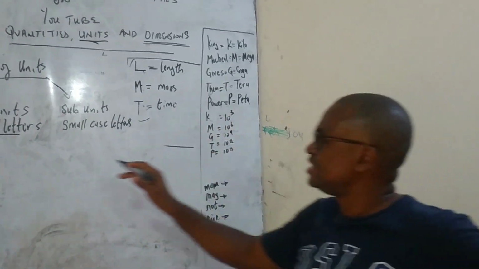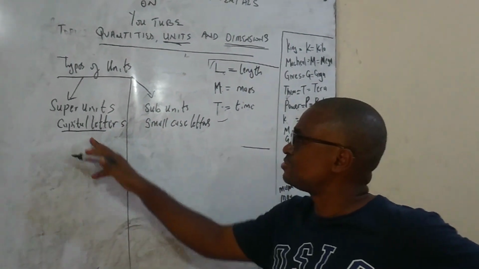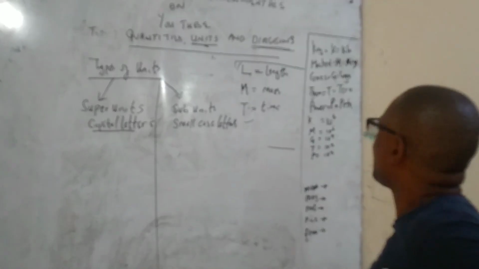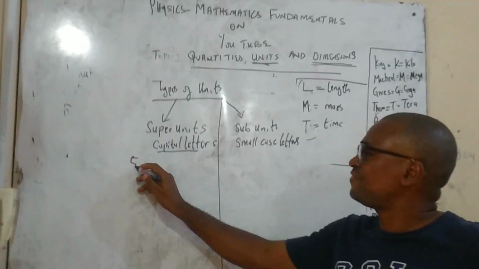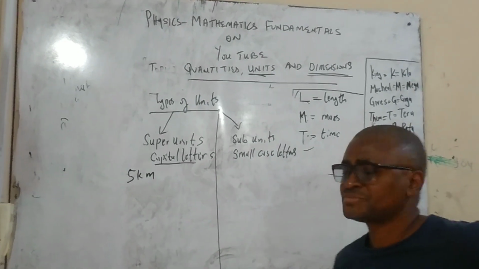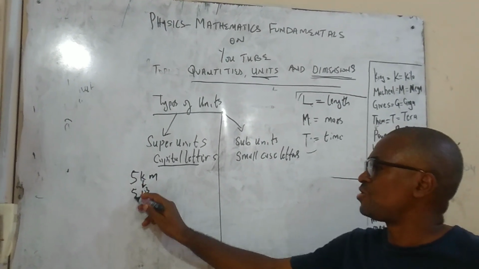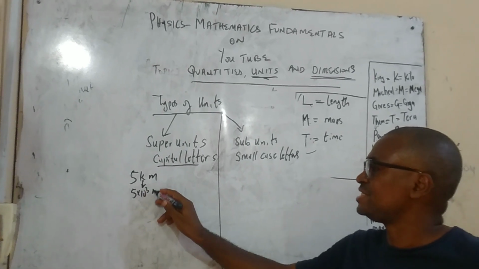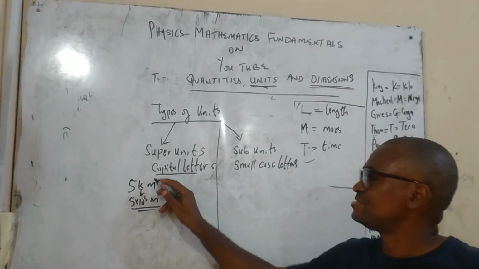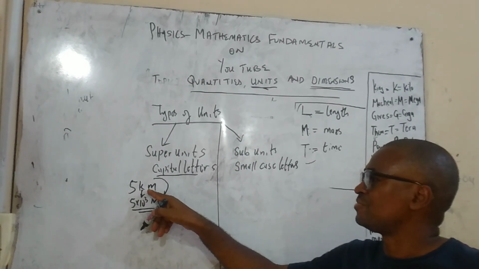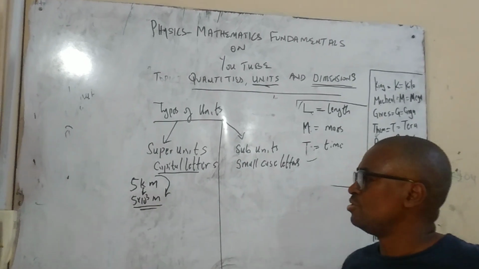Like for instance, let me give an example under super units. If I write 5 kilometer, the meaning of this K is 10 raised to power 3. So we can write it as 5 times 10 raised to power 3 meter. We have converted this expression from kilometer to meter.